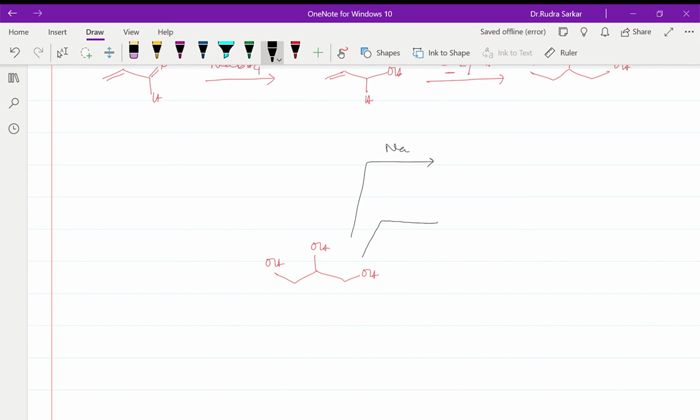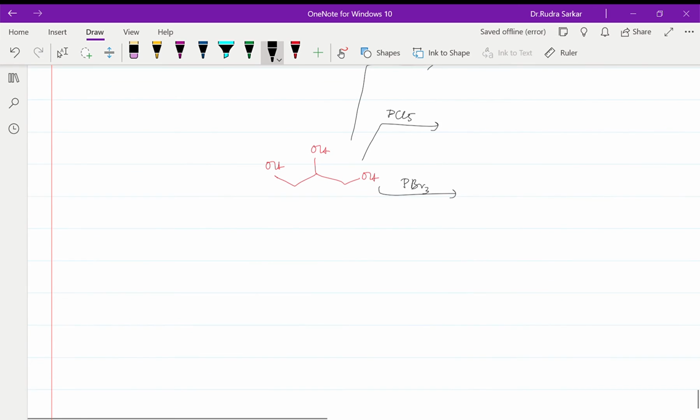I have again used PCl5. Again I am using PBr3. I have used P in the presence of I2.